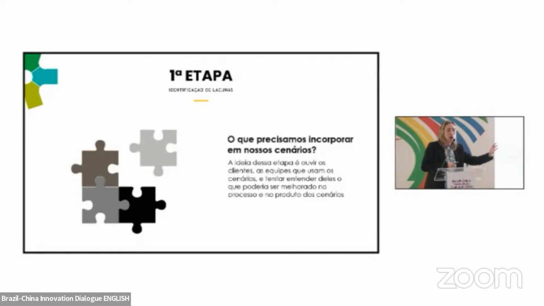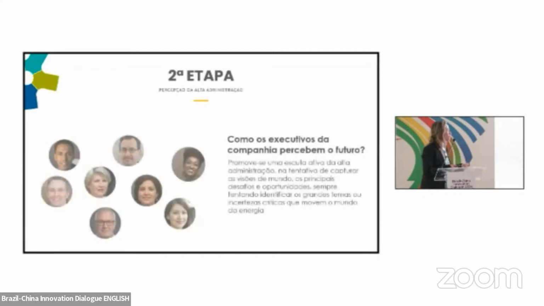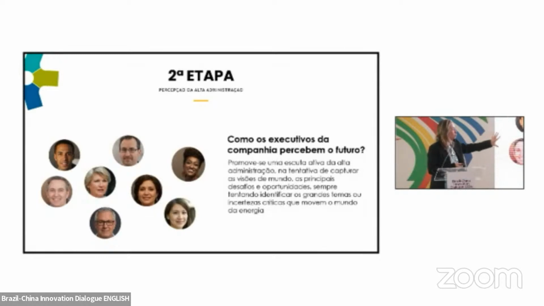So we elaborate the scenarios hand in hand with the climate team, because the energy scenario has changed quite a lot. So the carbon price, the effect of that price, and many things that we wouldn't consider before, the potential of Brazil for NBS. So we have been now incorporating that. This is something that came from the area of climate studies.